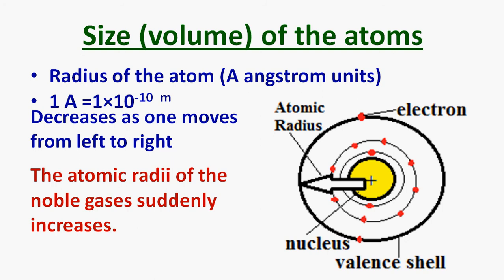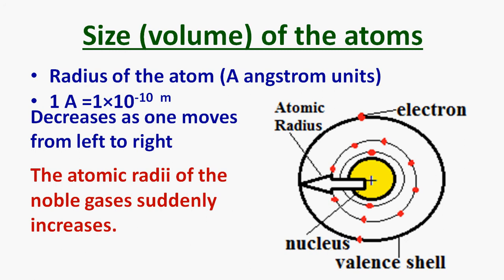Okay, so the reason for the decrease of atomic radii along the period from left to right is that as one moves horizontally from left to right, there is consecutive addition of one proton in the nucleus and one electron in the valence shell. Already I have told that the number of electrons in the valence shell increases by 1 as we move along a period. And we know that all the atoms are neutral.